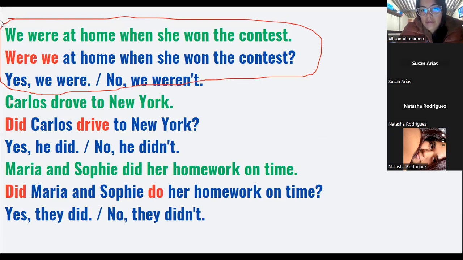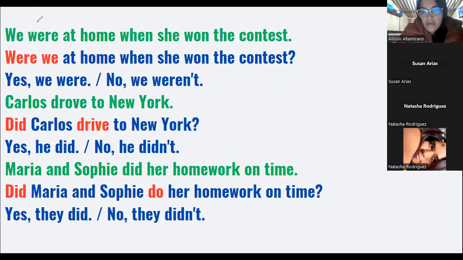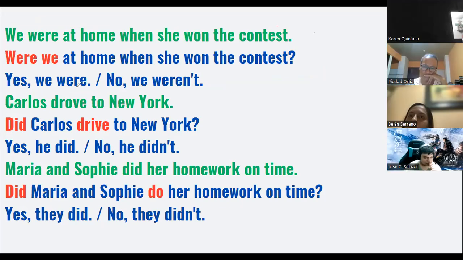If I want to transform that into a question, I'm going just to exchange places. Were we at home? Recuerden que el verbo to be siempre trabaja de forma independiente, ¿ok? Y las respuestas cortas serían yes, we were or no, we weren't, the short answers. But for the rest of the verbs, we need to use an auxiliary, and that auxiliary is the verb did. Now, Piedad, can you please read the second part?